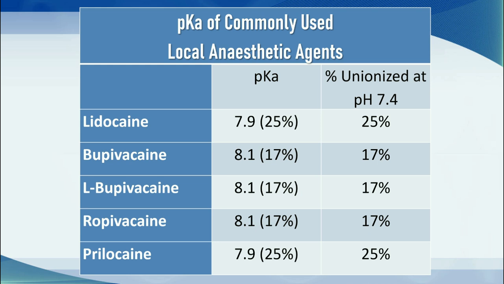Because there is more of the drug that is unionized, there is more of the drug that is fat soluble. So those two agents, lidocaine and prilocaine, enter the neurons faster than bupivacaine, L-bupivacaine, or ropivacaine. They have a more rapid onset of action.